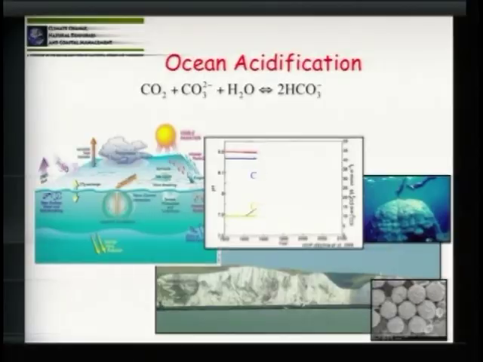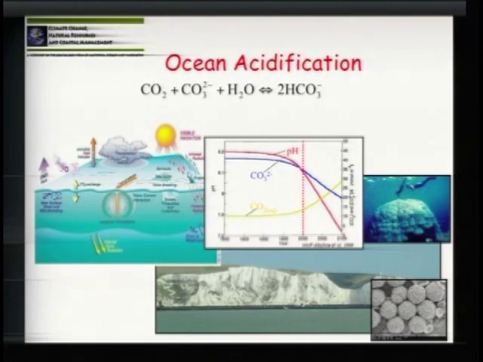If we look over time, we see that the pH of seawater has dropped on average from 8.2 to 8.1 since the beginning of the Industrial Revolution. Carbonate ion concentration has already dropped 16%. If we project the IPCC scenarios out to the end of the century, we would see a pH drop of another 0.3 or 0.4 pH units, down to about 7.8.